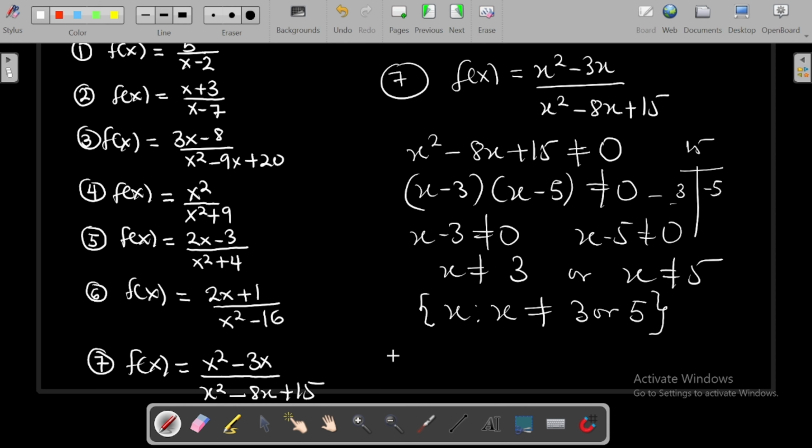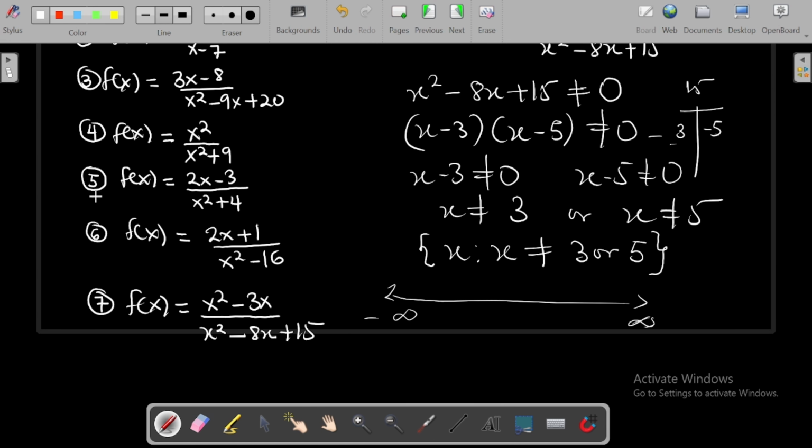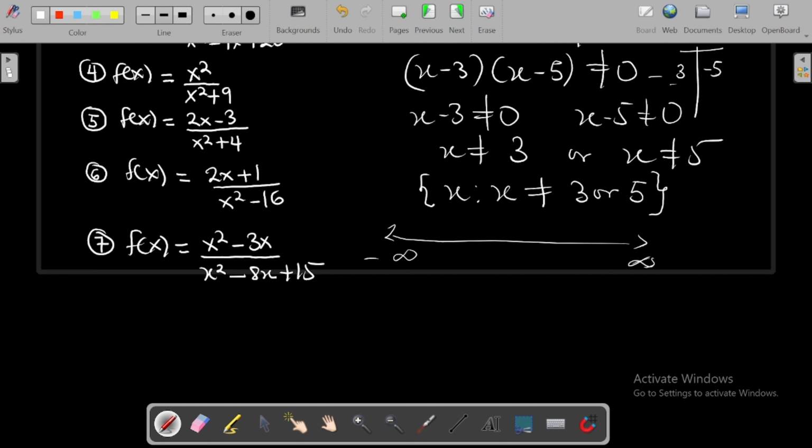To represent this on the number line, very simple, like we have been doing. You simply mark 3 and 5, and then you have an open circle, with all ranges of values less than 3, between 3 and 5, and then above 5.